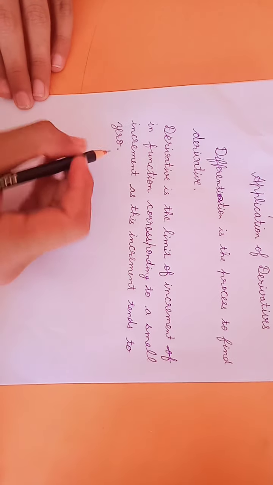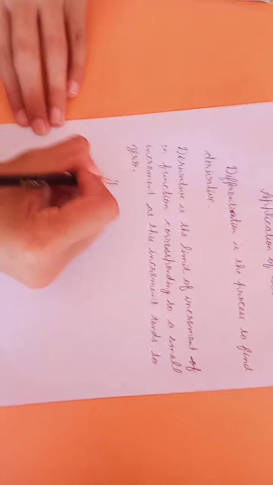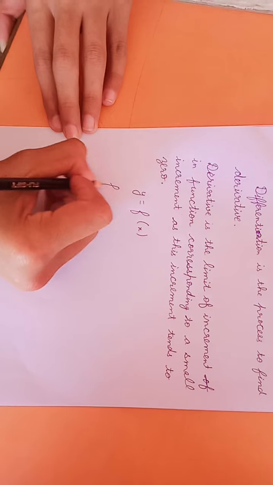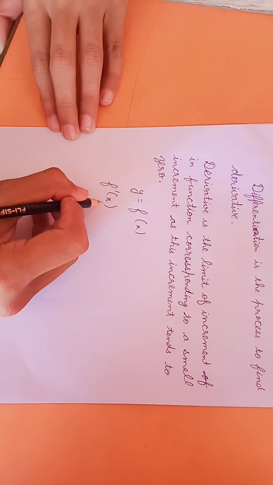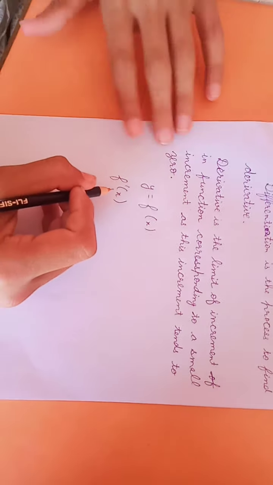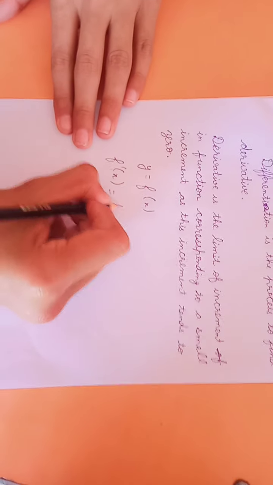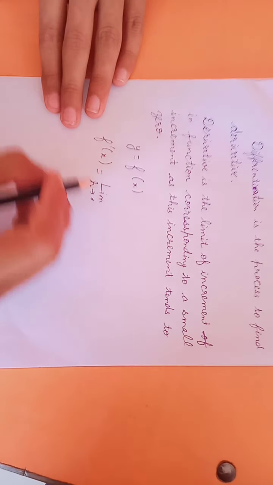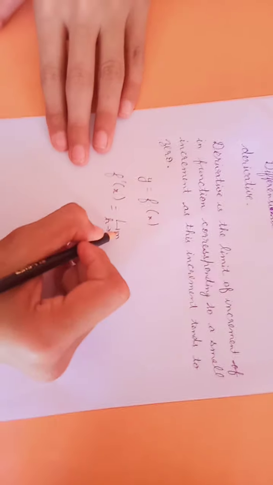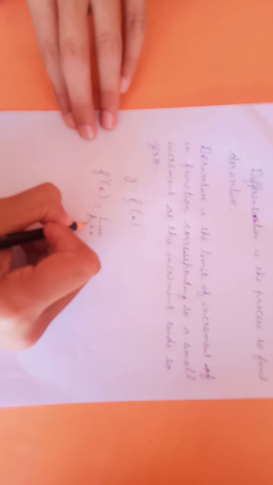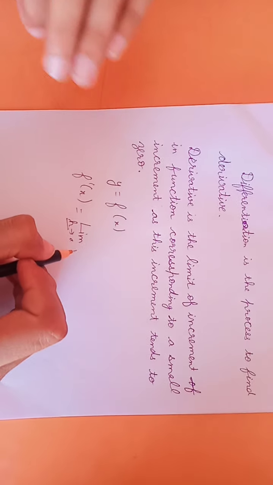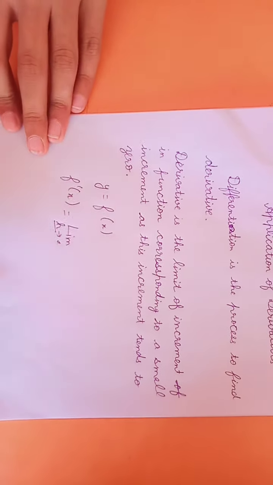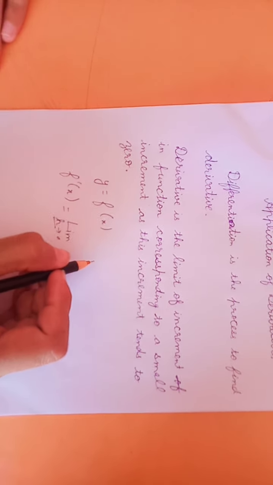You have studied this formula: let us assume y is any function f of x. Now if we want to find f dash x, what is f dash x? F dash x is the derivative of the function f of x. It is the limit as h approaches 0, meaning h has changed such that the value is very near to 0, like 0.0001.